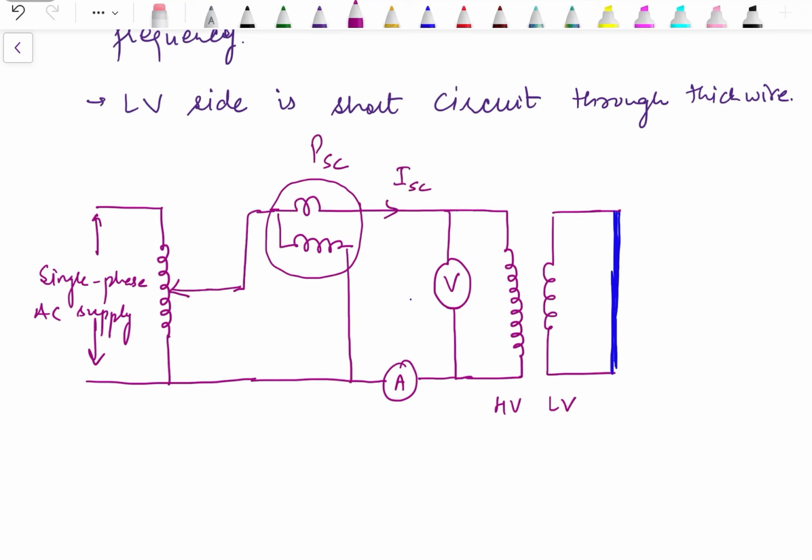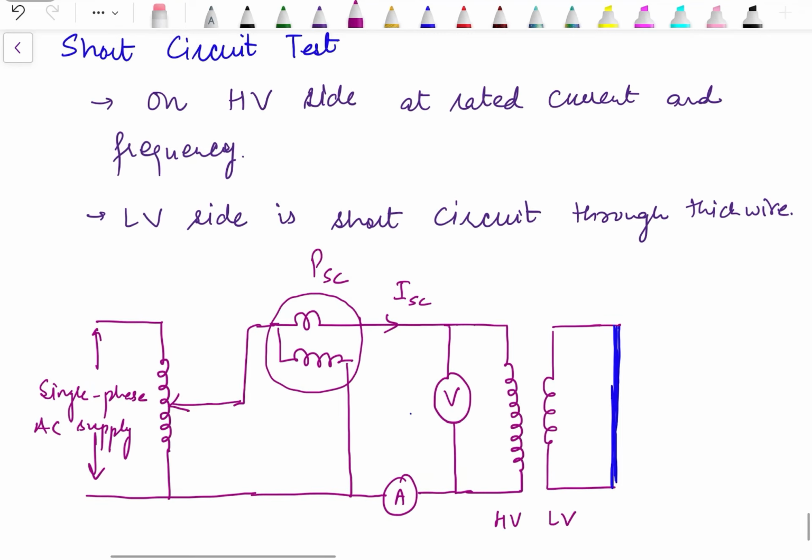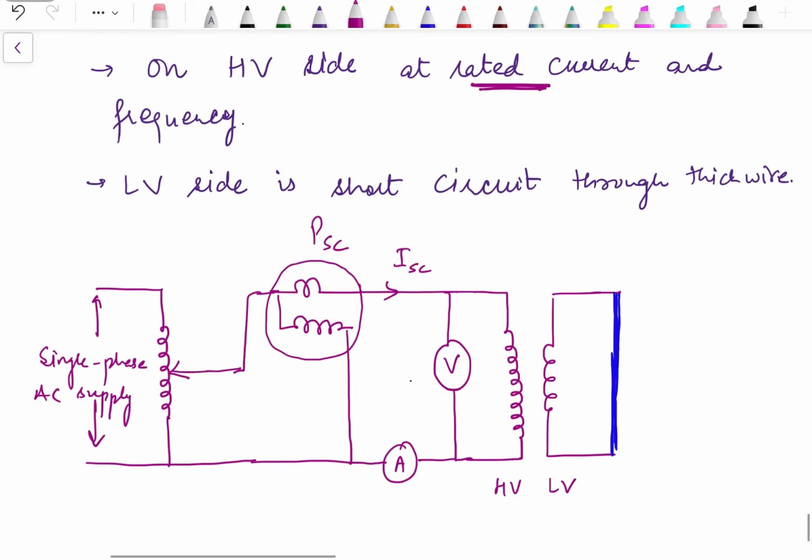Now why do we need to conduct this on the high voltage side? Since the test is performed at rated current, the rated current for the high voltage side is less in comparison to the low voltage side. Since the transformer operates at constant power, when the voltage level is low, the current level is high. When the voltage level is high, the current level is low. So ISC, the short circuit current on the high voltage side, will be less in comparison to the short circuit current on the low voltage side.